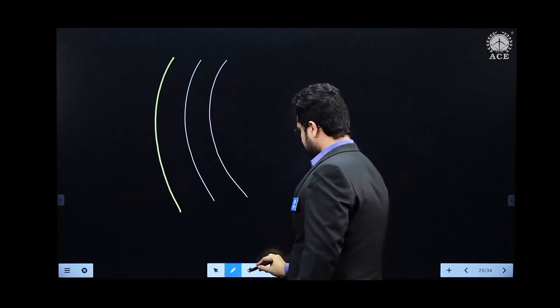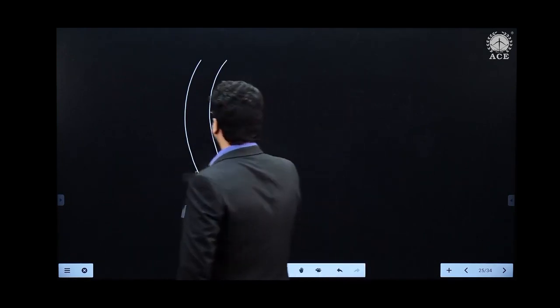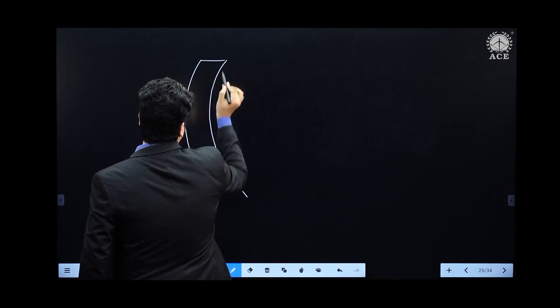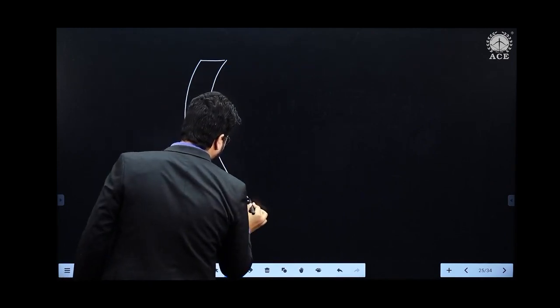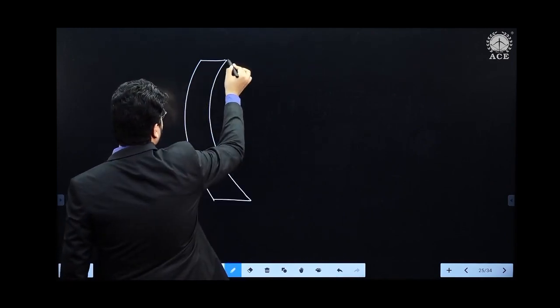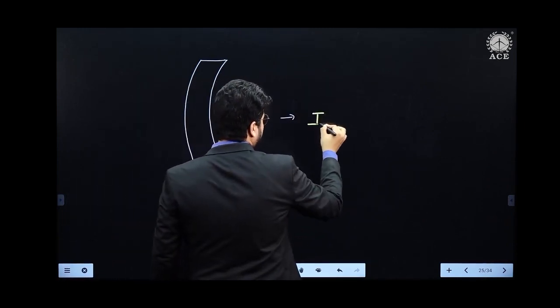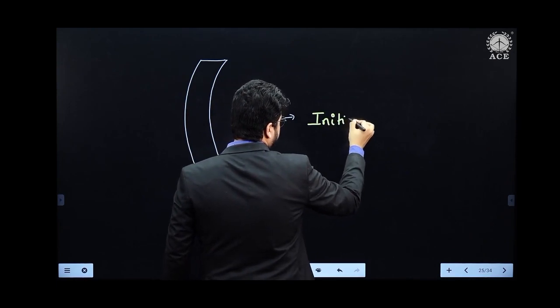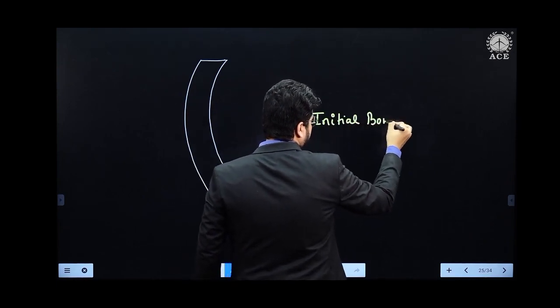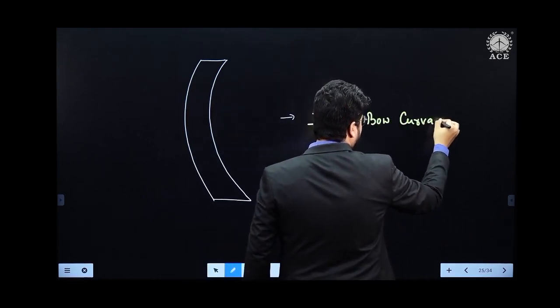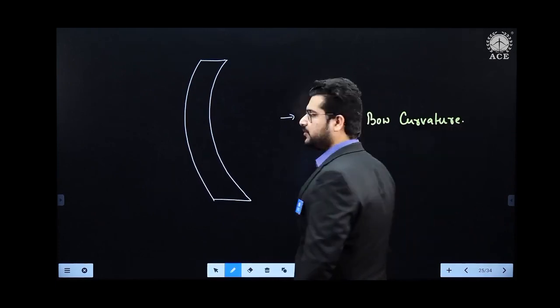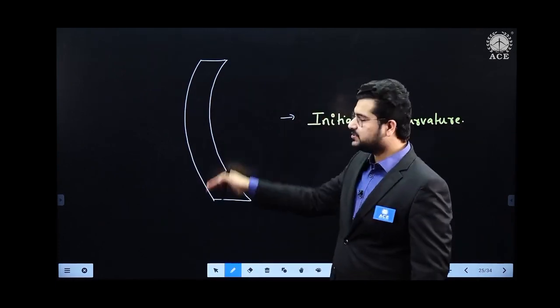Somewhat like this. Okay. So for example, this is the initial curvature present inside the member. What is this? This is already the initial bow curvature, which is already present inside the member. Even before the loading, this member is not perfectly straight.